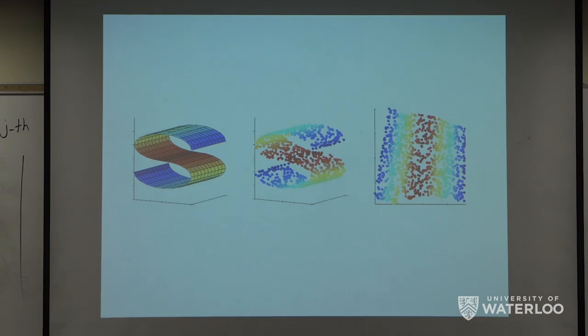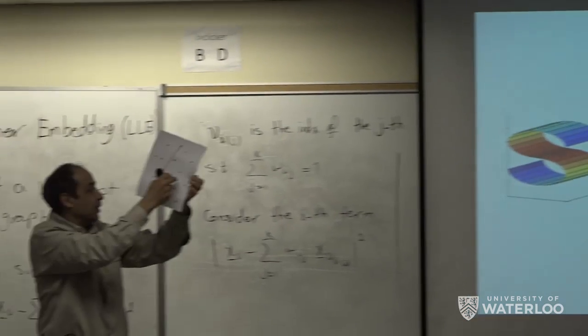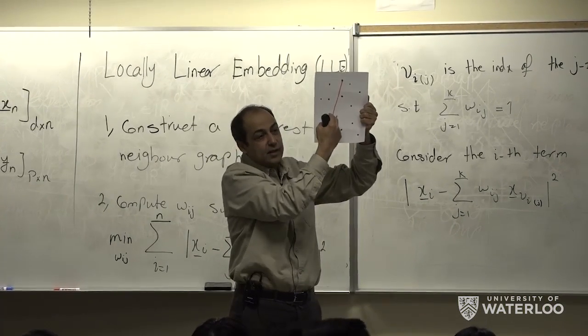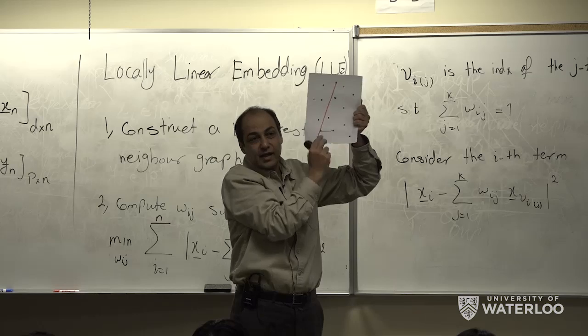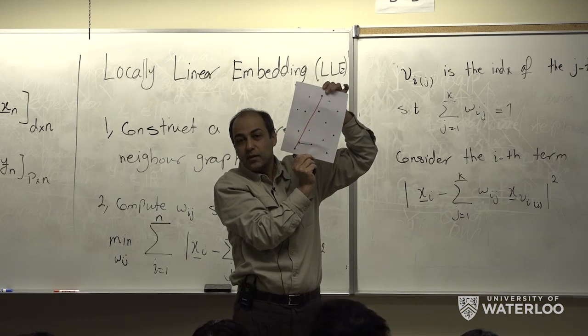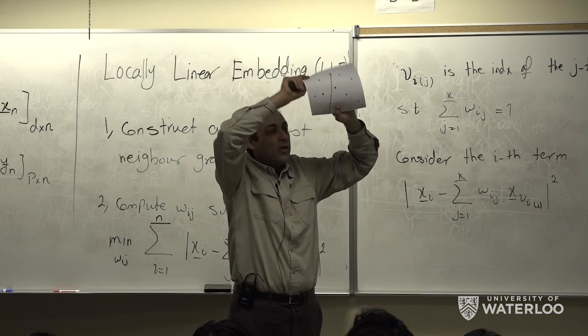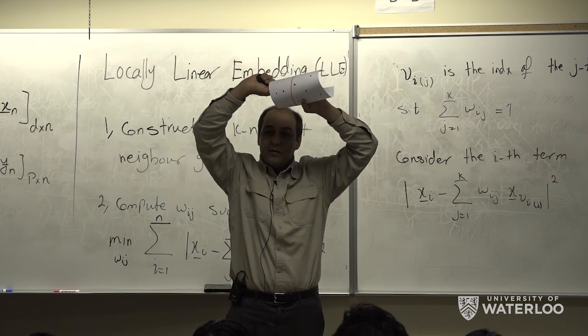But LLE does not preserve the shape of the original manifold. This will be distorted. If you have this manifold, it's not that the scale of the manifold in low dimensional space is going to be preserved completely. If you look at the scale carefully, you will see that the y-axis and x-axis are almost the same, regardless of how long the original rectangle has been.